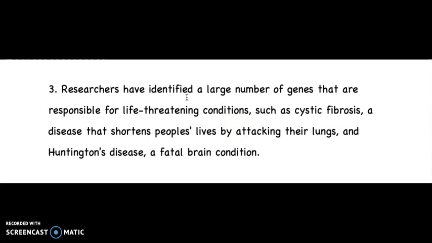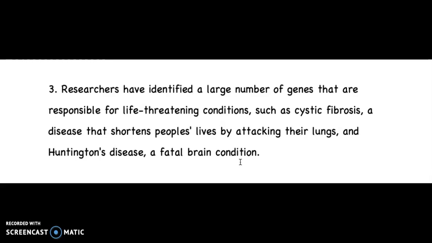Researchers have identified a large number of genes that are responsible for life-threatening conditions such as cystic fibrosis, a disease that shortens people's lives by attacking their lungs, and Huntington's disease, a fatal brain condition.